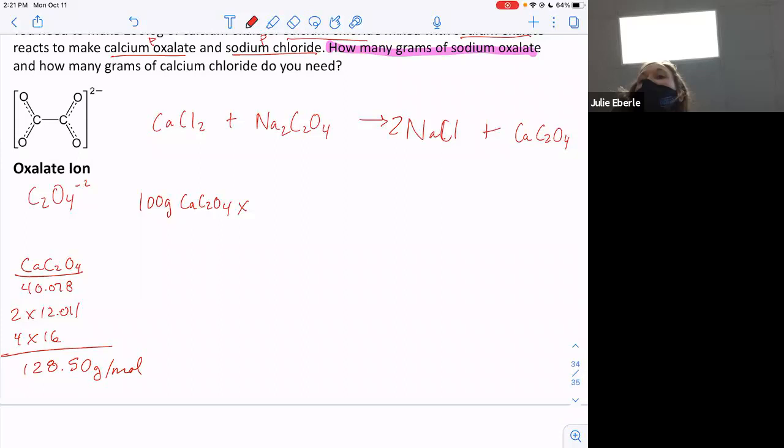Calcium's a main group 2. It's got a +2 charge. Oxalate's a -2. So after you switch, on the left side the sodium has a 2 by it because the C2O4 charge switches. Doesn't the C2O4 have a -2 charge, and that would switch over to a subscript?